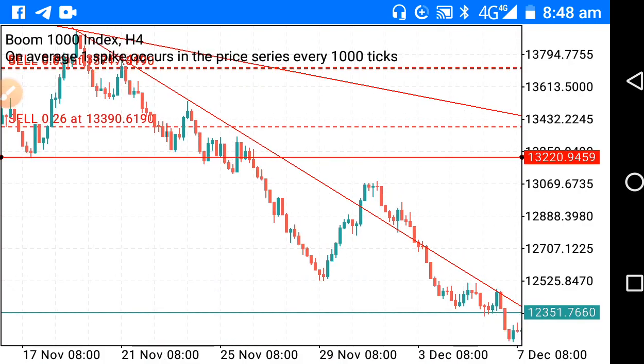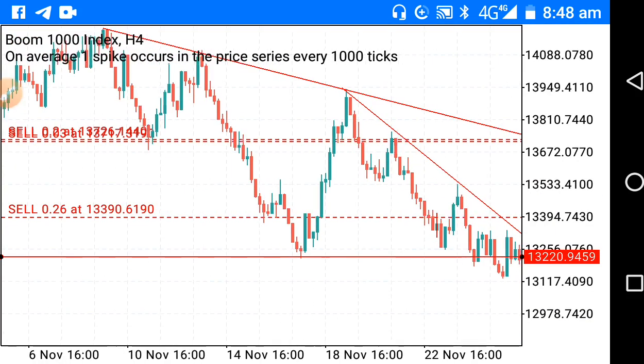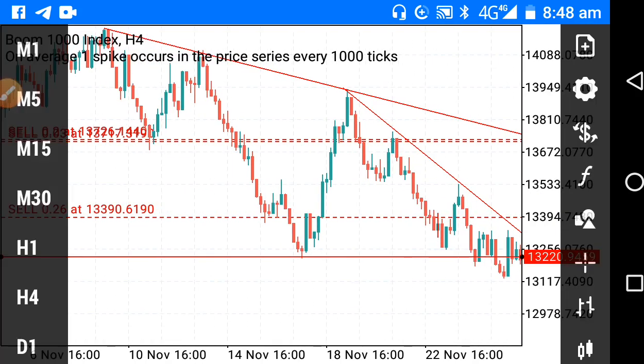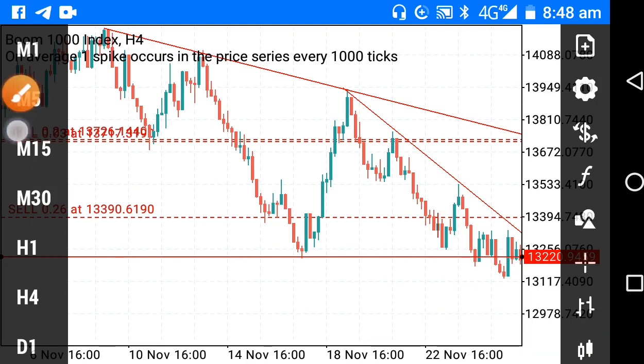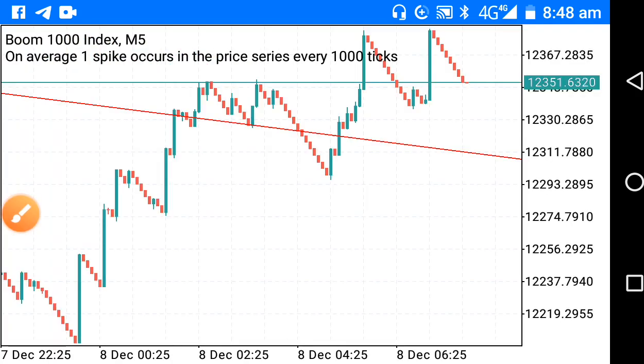So I've given Boom on 4 hours. Let me go down on this same Boom, because that's going to confirm if this actually happens on all the time frames.